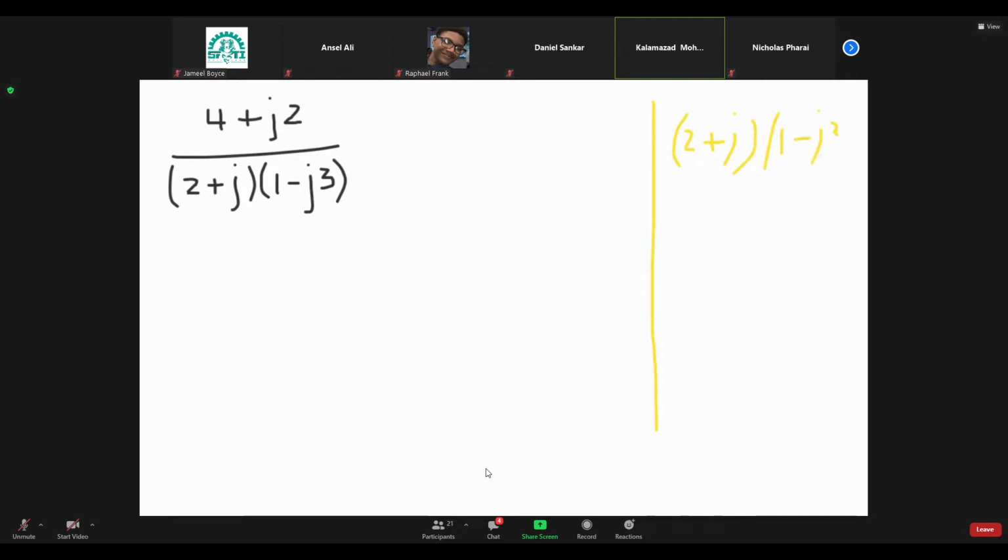So that's going to give us 2 by 1, which is 2. 1 by j by 1 is j. Let's be consistent. So 2 by minus 3 is going to be minus j6. All right, plus j by minus j6. j squared 6, sorry.